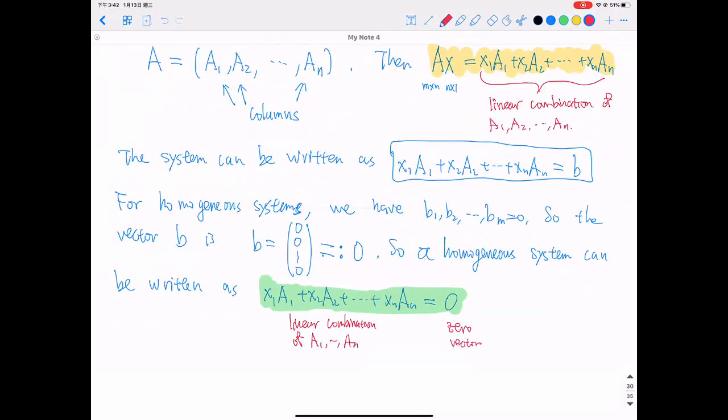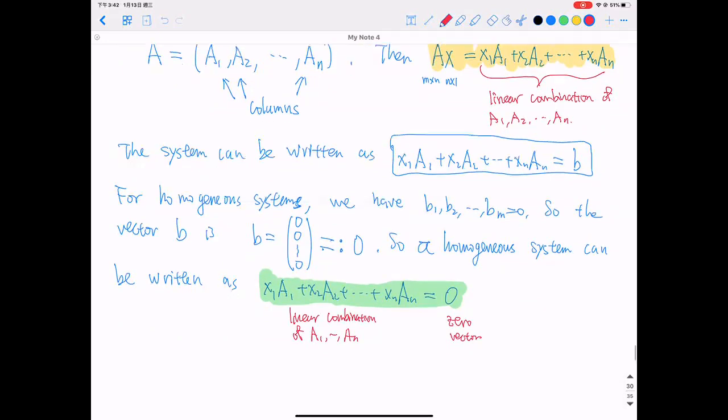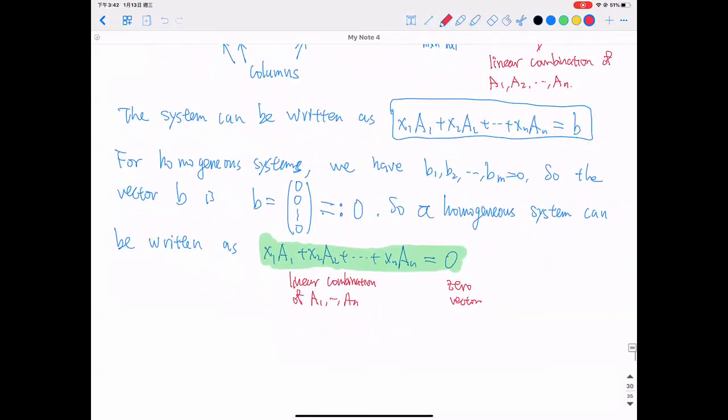And you're asking when this can happen. And certainly, a homogeneous system always has the zero solution.